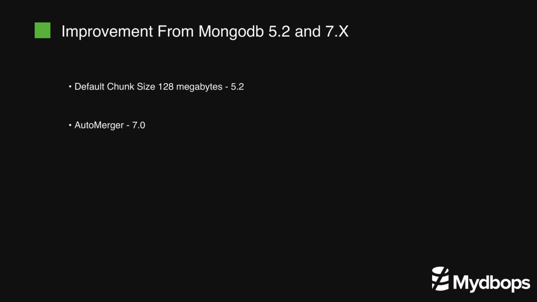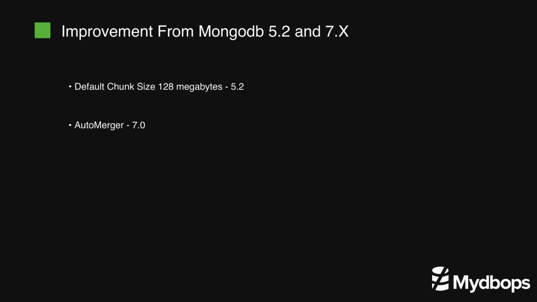One important improvement, not a very interesting feature like what we saw with compound index and compound hash, is that the default chunk size was changed to 128 MB, which was 64 MB previously. They increased it in 5.2. And auto merger is one interesting feature they introduced in 7.0.